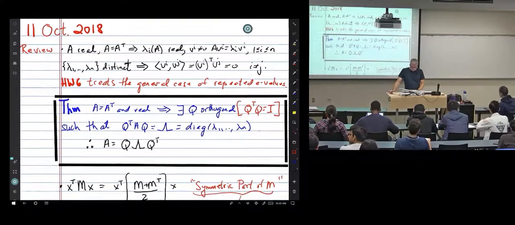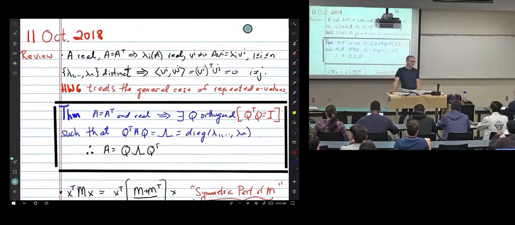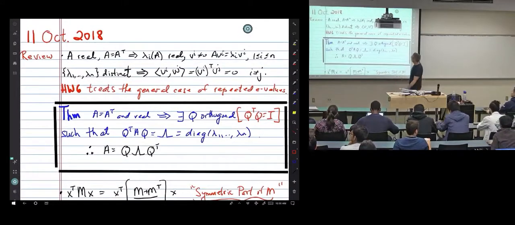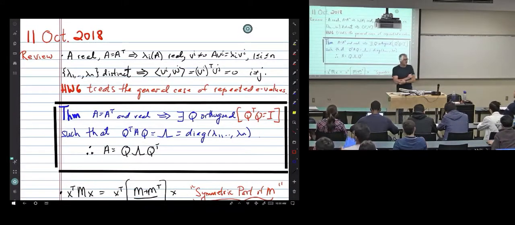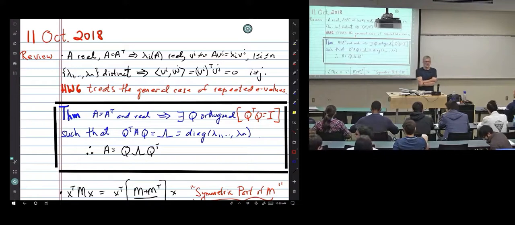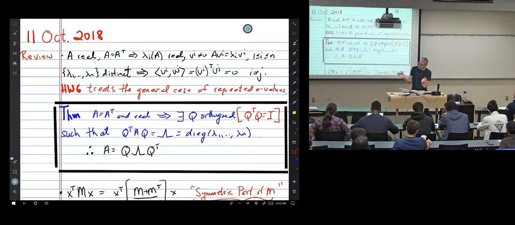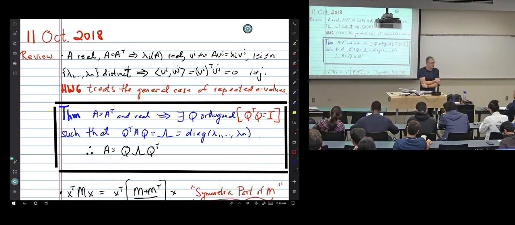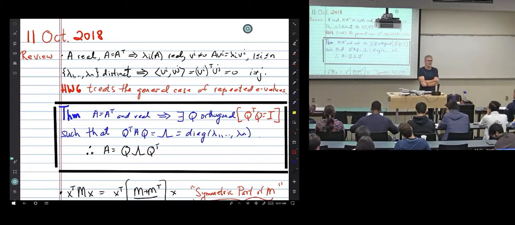So, we've been working on real symmetric matrices. This is our entry point into starting to be able to understand the difference between linearly independent and numerically linearly independent. See, the problem with abstract linear algebra is something is either invertible or it's not. It's either independent or it's not.